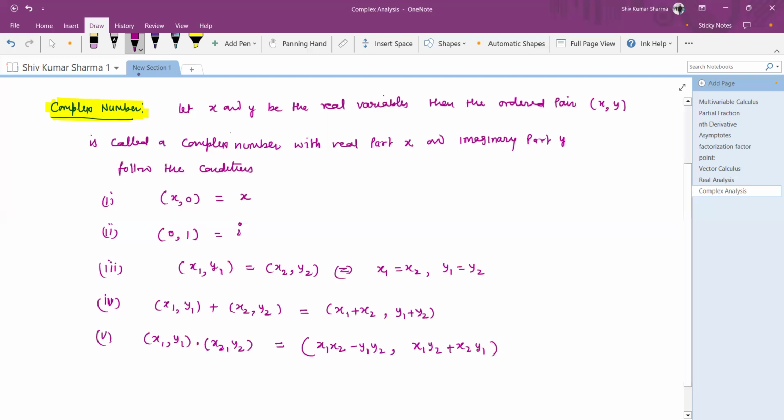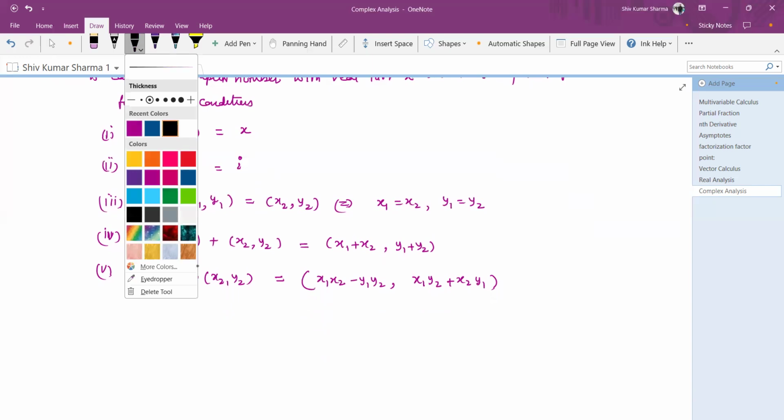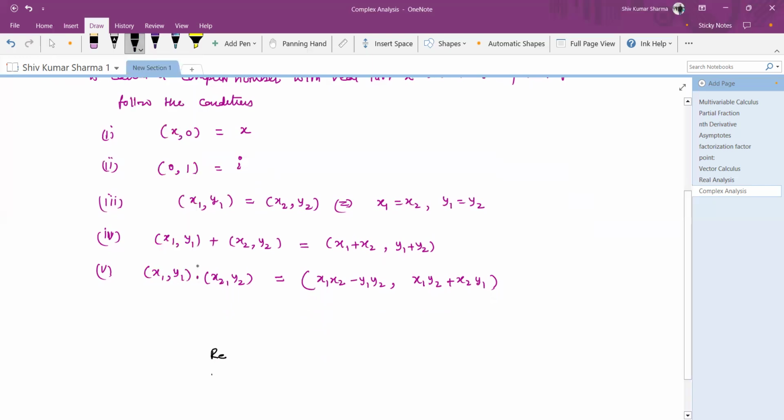So we follow these five conditions. Basically, the real part we write as x, and the imaginary part we write as y.